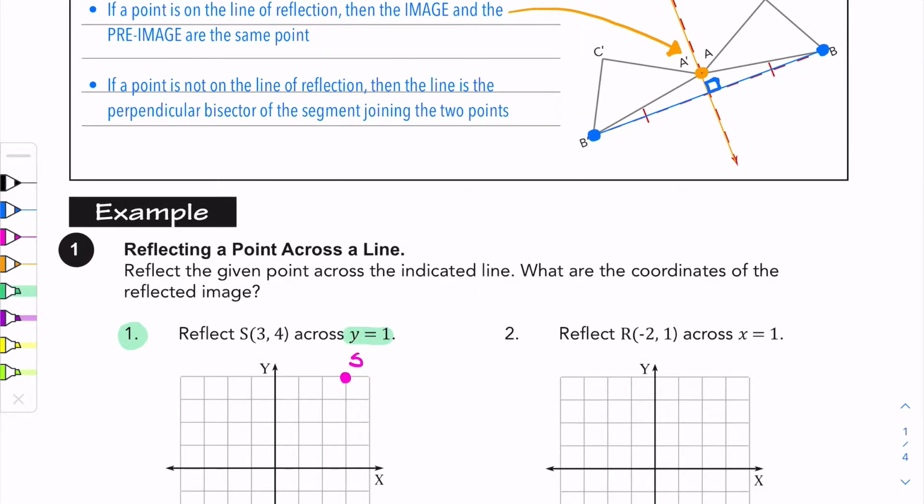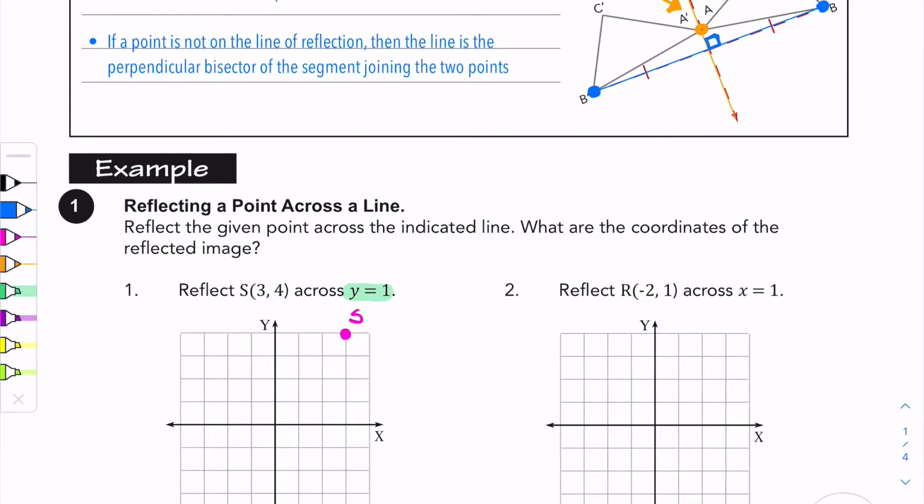This requires you to graph the line y equals 1, which is the line in the coordinate plane where every point on that line has a y value of 1. That would be in this location here. So the line I just drew is the line y equals 1.